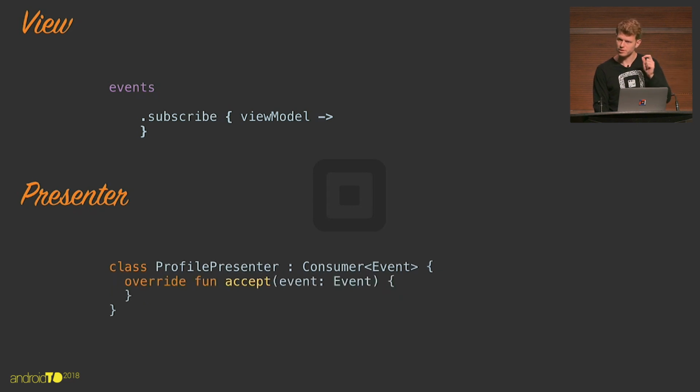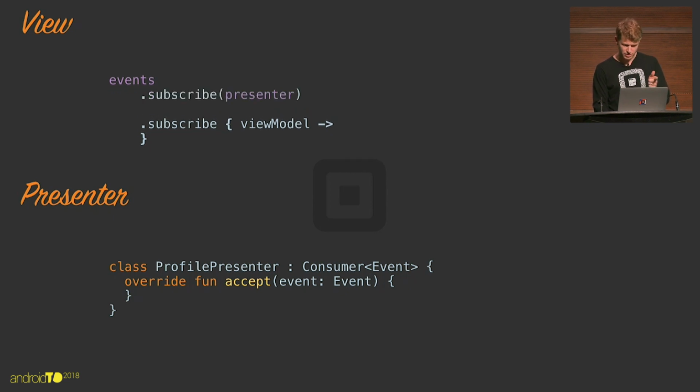But that means we need to override the accept method, which is called every time there is an event. But there are a few problems. First, when we want to subscribe to the event stream, we need to literally subscribe to it. And there is no stream that we can subscribe to get the view model from this. This is one problem. This means we need to create another stream somewhere.